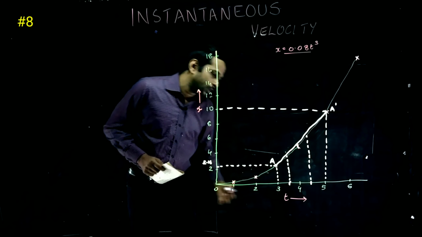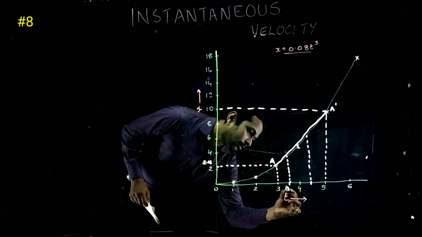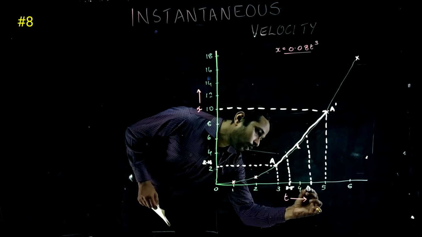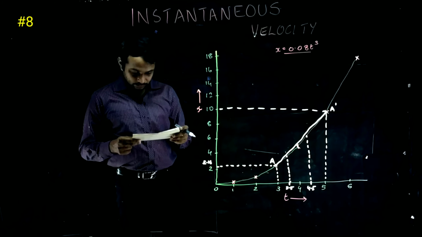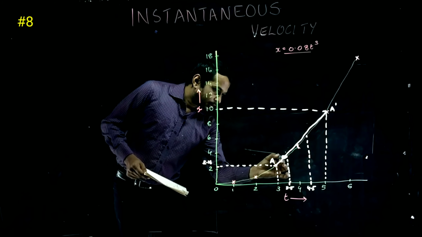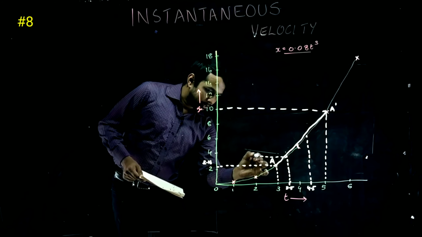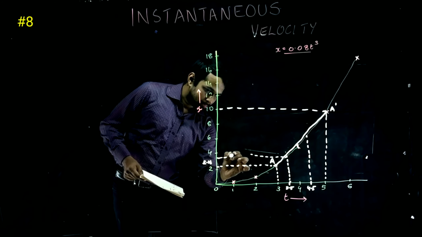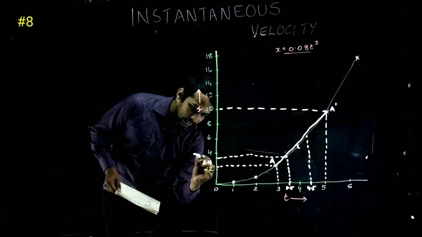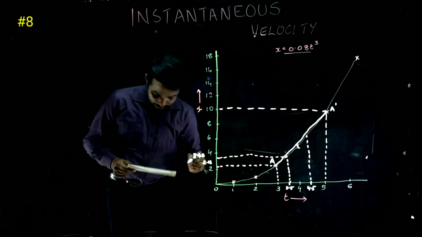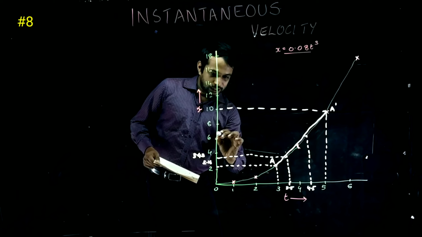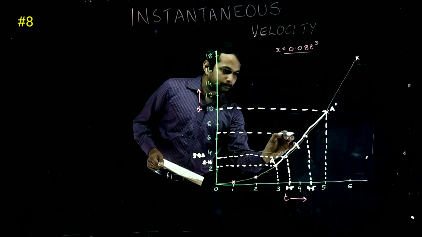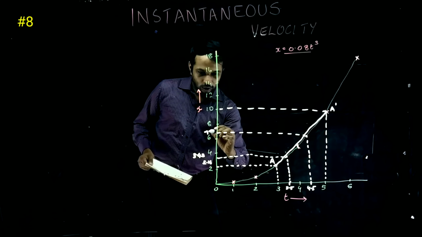We are taking it for 3.5, 4.5, and you just join it here. This is 3.43 and this will be 7.29. Okay, this will be 7.29.